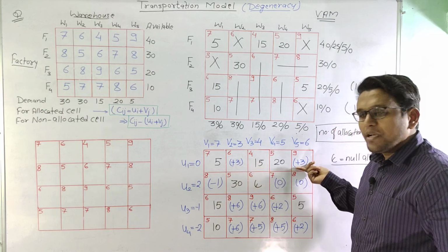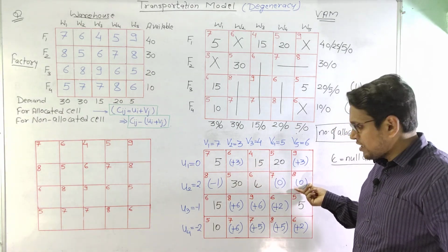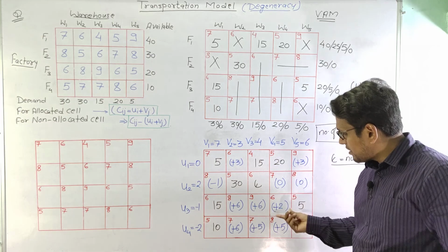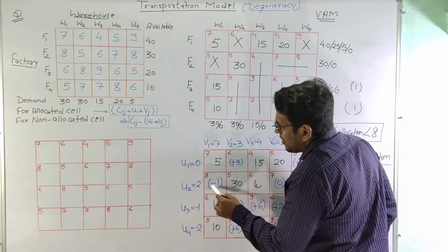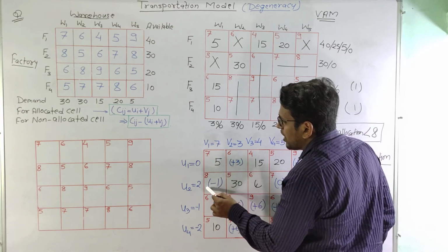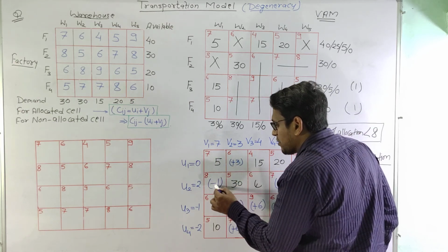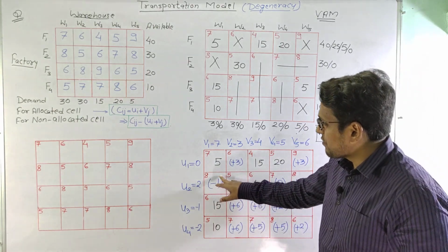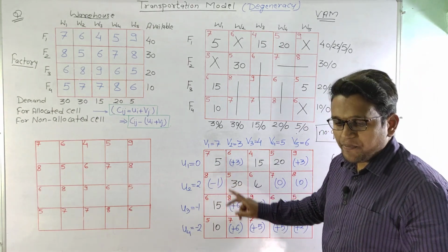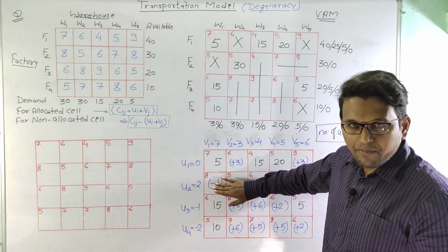Here it is increased by plus 3 rupees. Here it will not increase. Here it will not increase. Here it will increase by plus 2. And there is only one cell, 2 1, which shows that by allocating here, the overall transportation cost will decrease by 1. That means there is a chance of improvement.